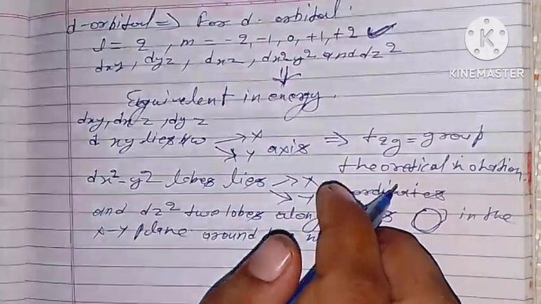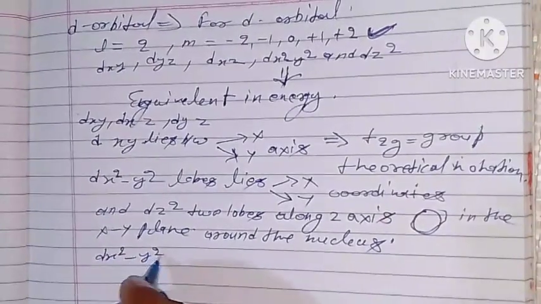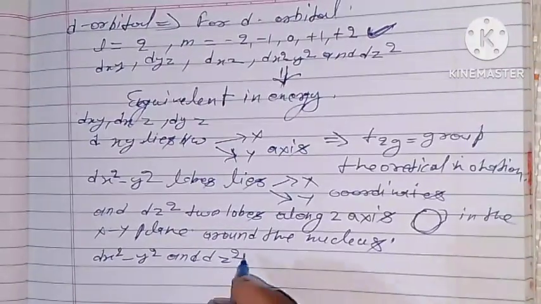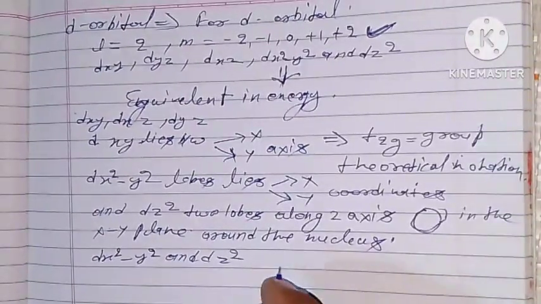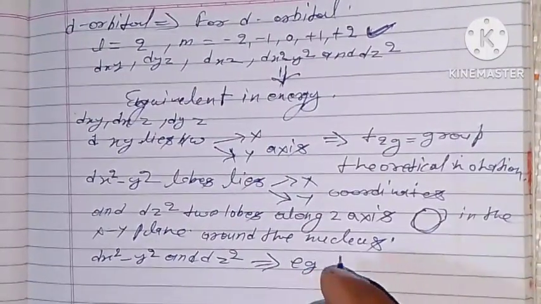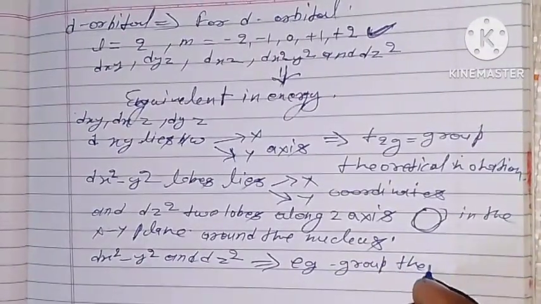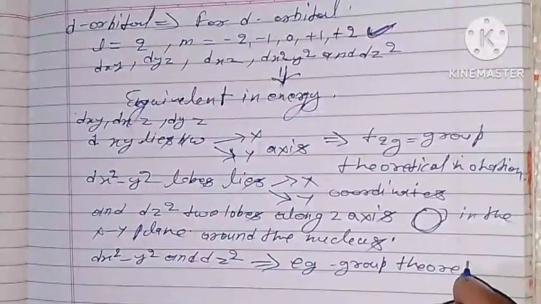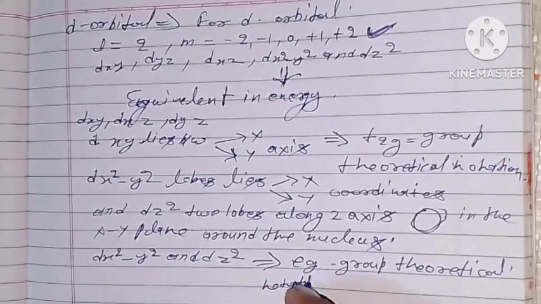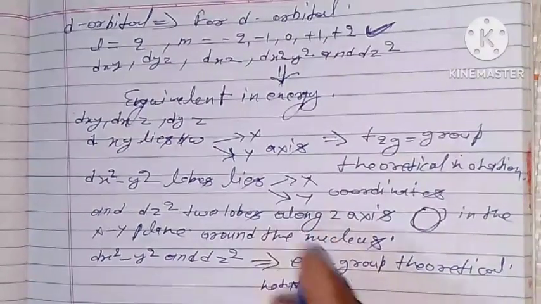The set of dx square minus y square and dz square orbitals is denoted by eg set in group theoretical notation.